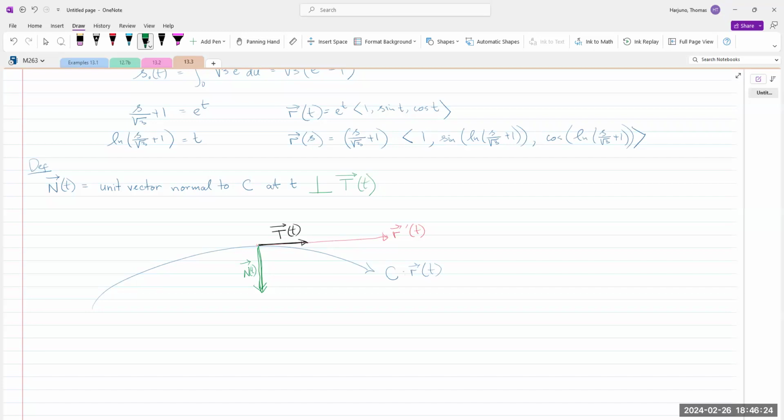Okay, so you will see that the unit normal vector, the formula is basically the derivative of the unit tangent vector divided by its own length. That's basically to make it a unit length.